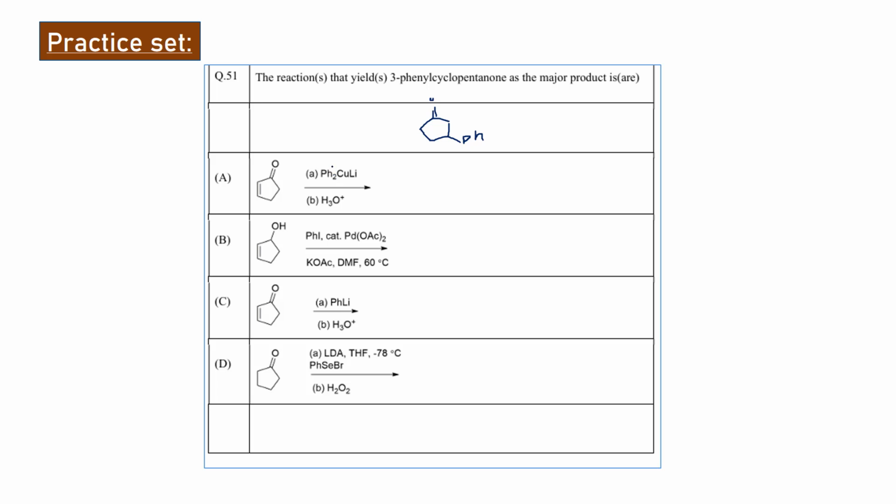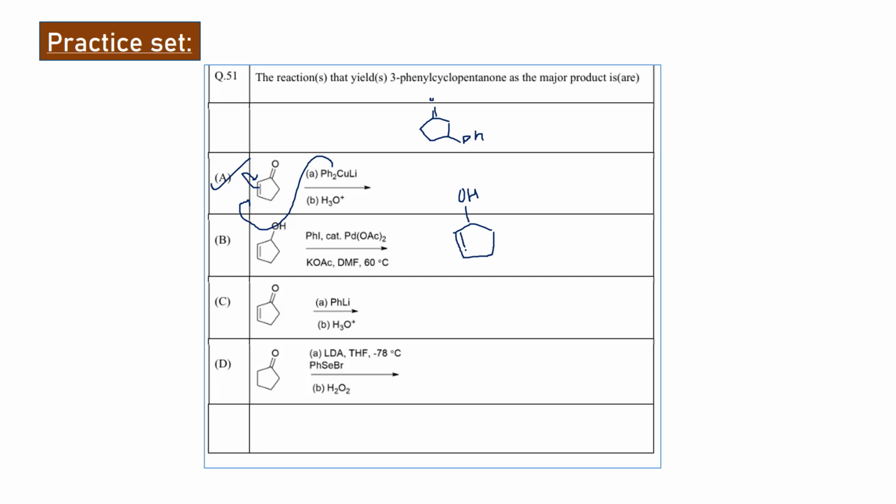If we add this one, it will attack this side and form this, which can give 3-phenyl cyclopentanone as a major product. So this can be one of the options. Next is this one. If you add phenyl iodide and catalytic Pd(OAc)2, there will be a chance of Heck-type coupling.